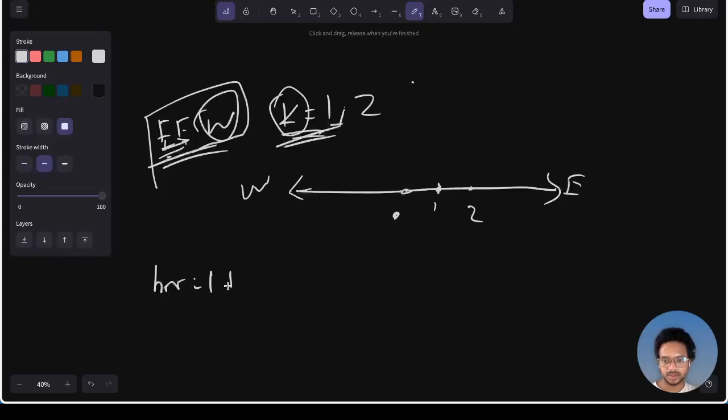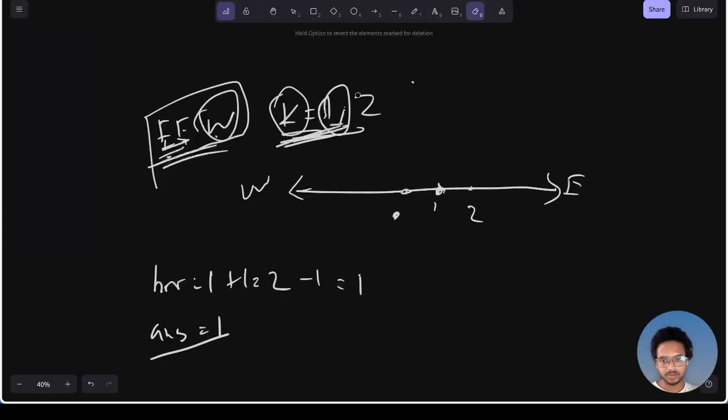Then again east, +1, it will be 2. For west, it will be -1, so you have to come back here. Then the answer will be 1. The answer without k is 1.